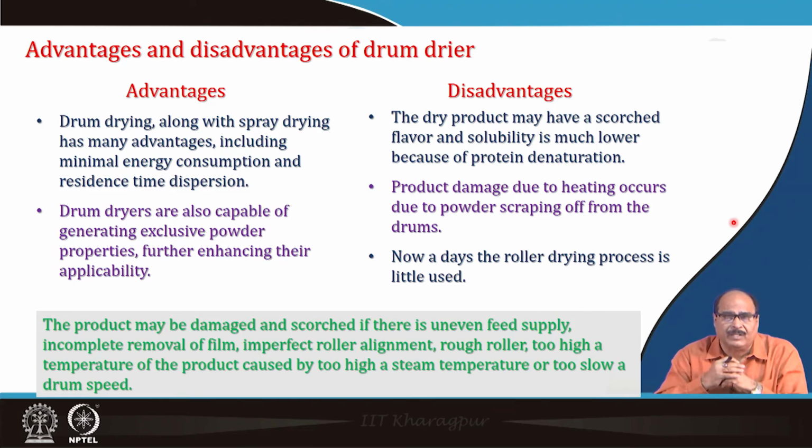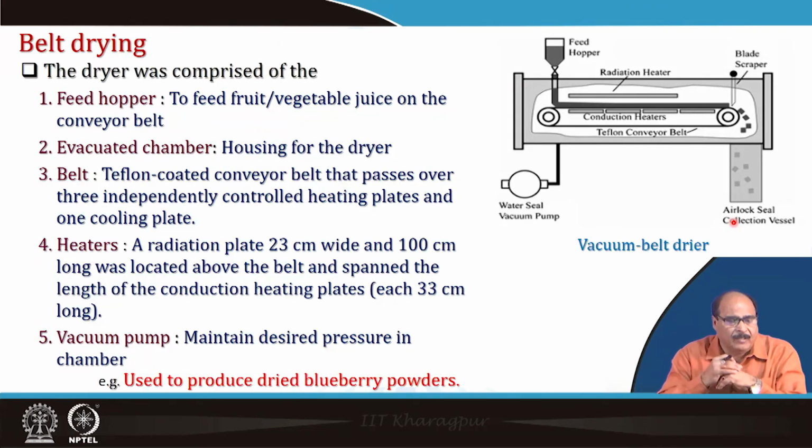Product damage due to heating occurs. Okay. So the product may be damaged and scorched if there is uneven heat supply, incomplete removal of film, or imperfect roller alignment, etc. Okay.